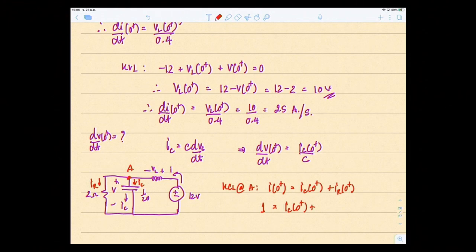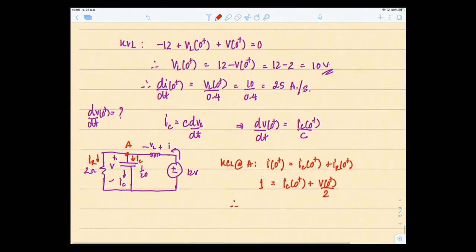So we know that V at 0 plus over R, which is 2. So therefore IC at 0 plus would be equal to 1 minus 2 over 2. So this becomes 0 amp.